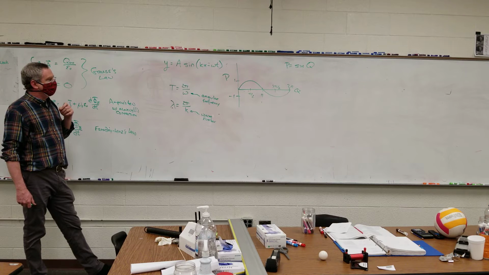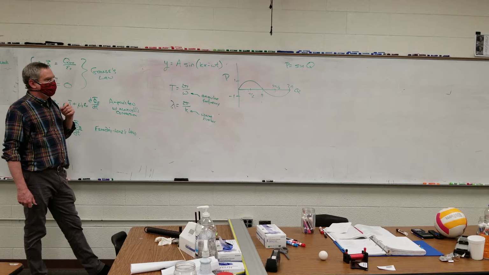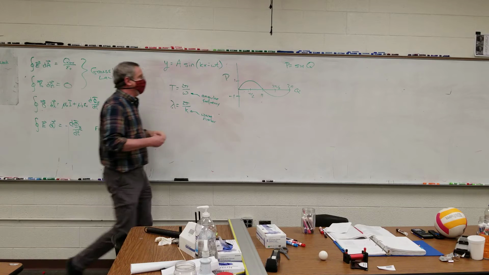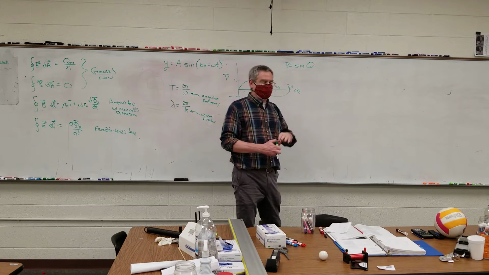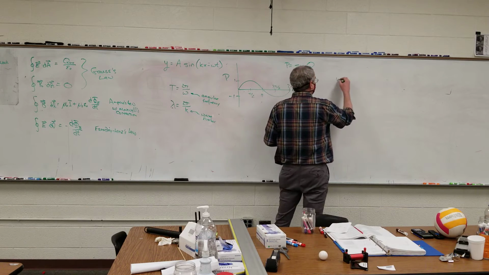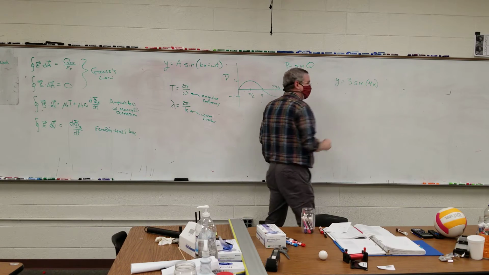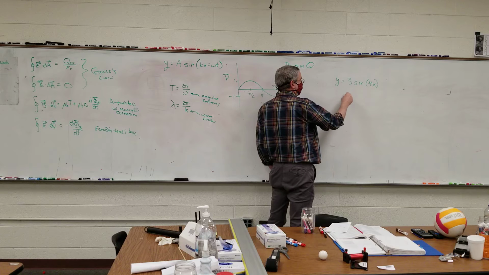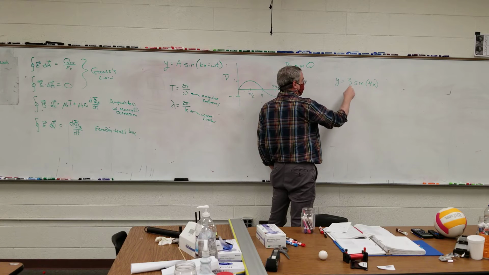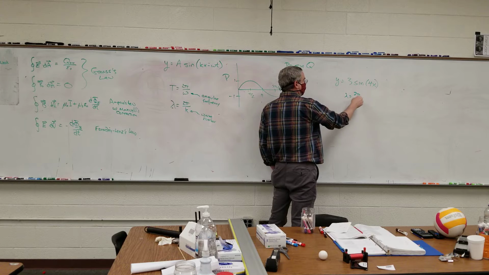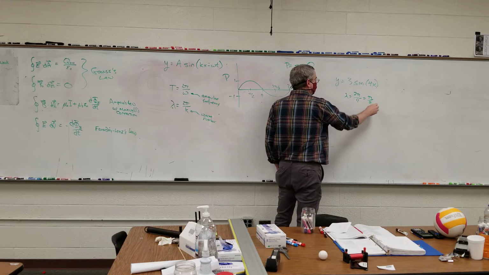So let's ignore the time component for just a second here. Say I have y is equal to 3 sine of 4x. Then the wavelength is 2 pi divided by 4, or pi over 2.